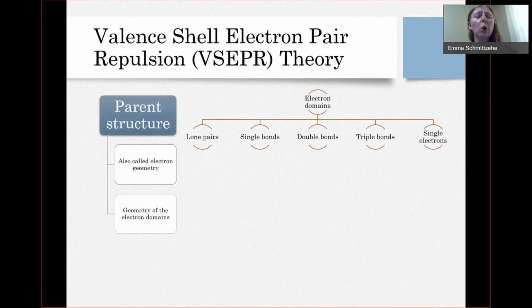If you have a larger molecule that has multiple central atoms, you can apply VSEPR theory, but you have to focus on one central atom at a time and understand how the attachments off of it are arranged, then go to the next one, and then piece all that together. We'll focus mainly on having one central atom, but you can use it for larger molecules.